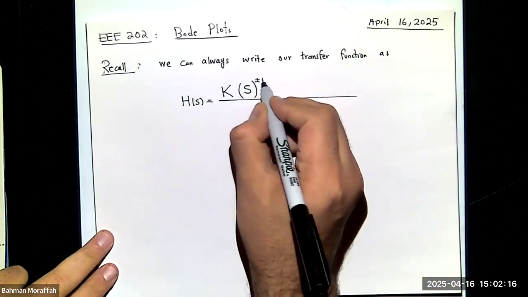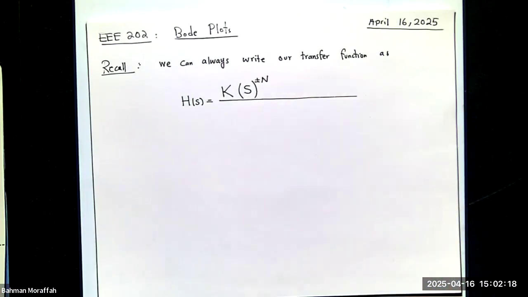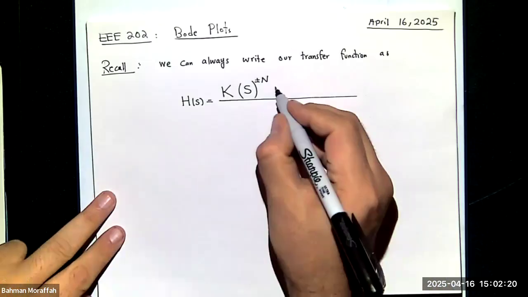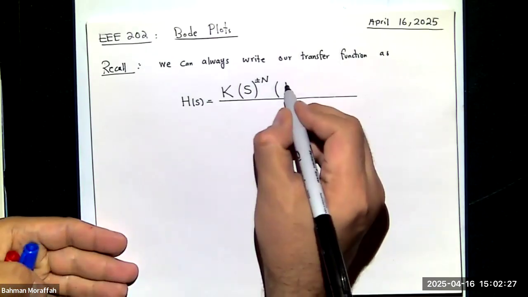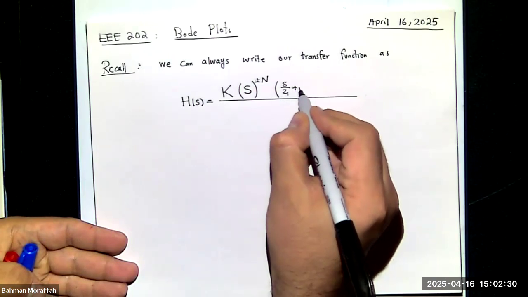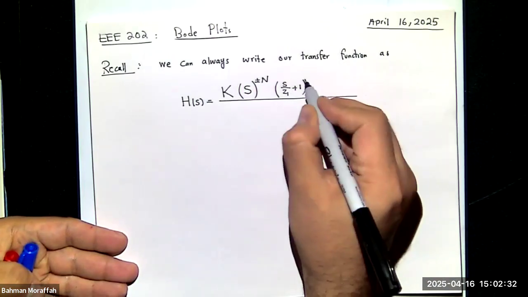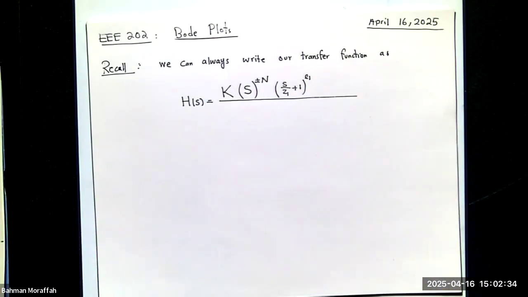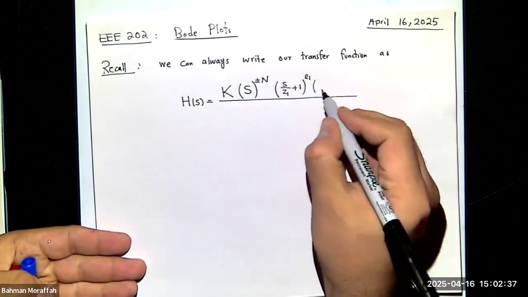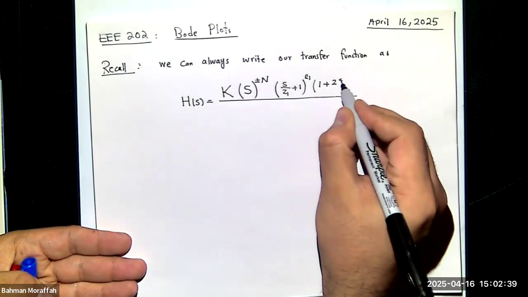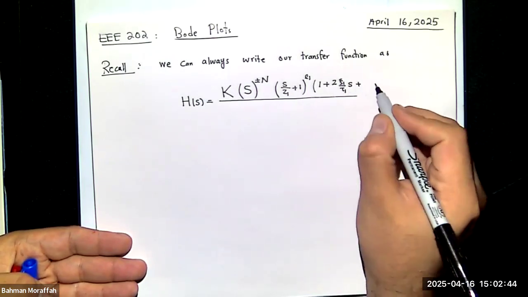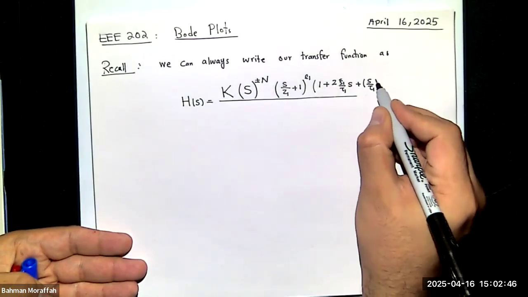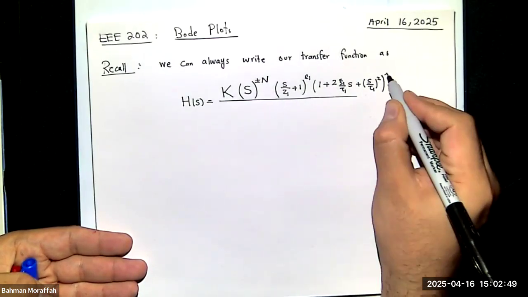Let's just say the multiplicity of that is n, times all the real roots that we have. So I have s divided by z1 plus 1 to the power of L1, and all the complex ones, which I can write in terms of 1 plus 2 psi 1 over tau 1 s plus s over tau 1 squared, let's just say to the power of L2.